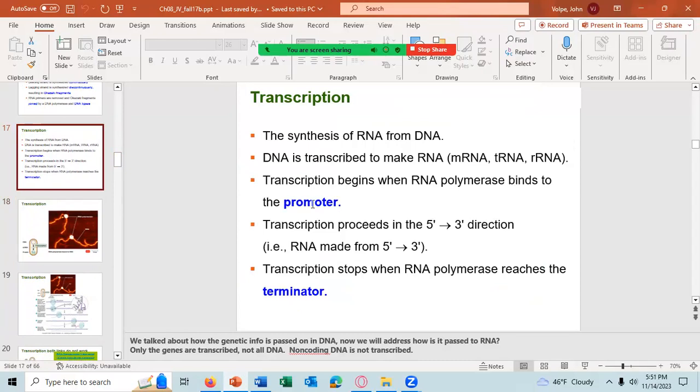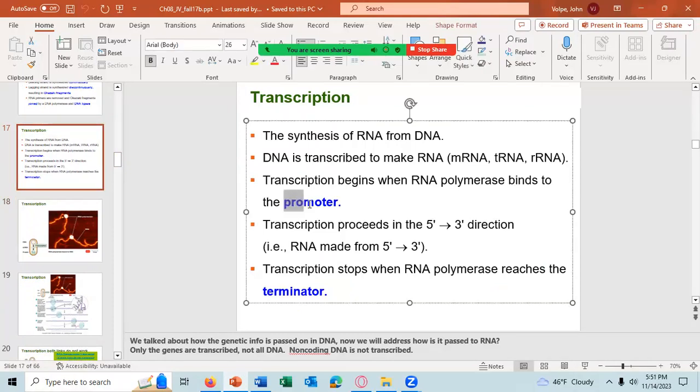And that's all the promoter codes for. It's a region of DNA that codes for the RNA polymerase to bind to it. So the promoter is a region of DNA, and all it's doing is coding for RNA polymerase to bind to this region. The RNA polymerase will then move in the 5' to 3' direction.